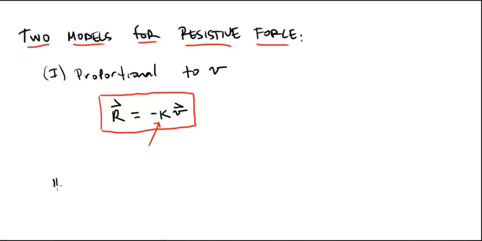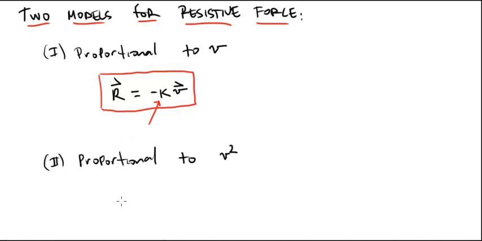But I want to introduce the second model, which is the one your book goes into, which is where the resistive force is proportional to v squared, to the square of the velocity. And so you might represent that as the resistive force equaling negative, and we'll use a different letter, I'll call it D, negative Dv squared.